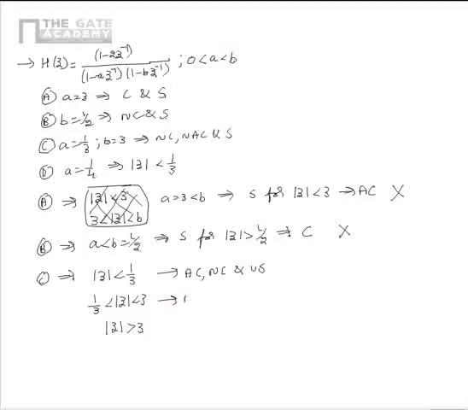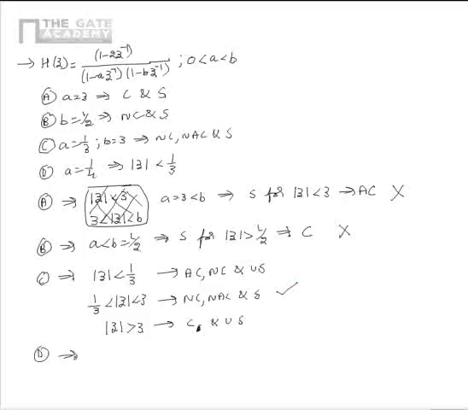In the second case, the system is non-causal, non-anti-causal, and stable. In the third case, the system is causal and unstable. From this, we see that if a = 1/3 and b = 3, it is possible that the system is non-causal, non-anti-causal, and stable. So C could be a correct option.